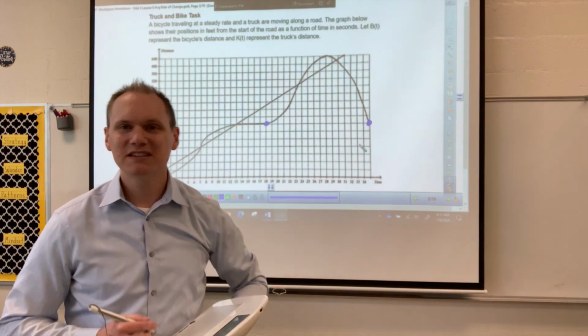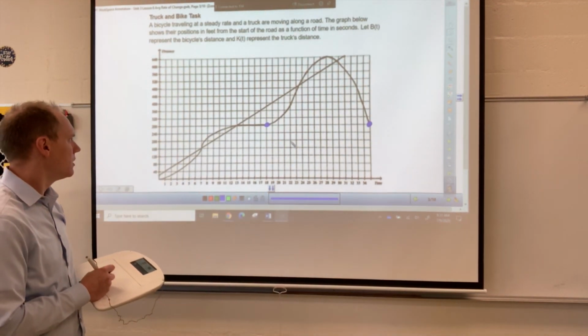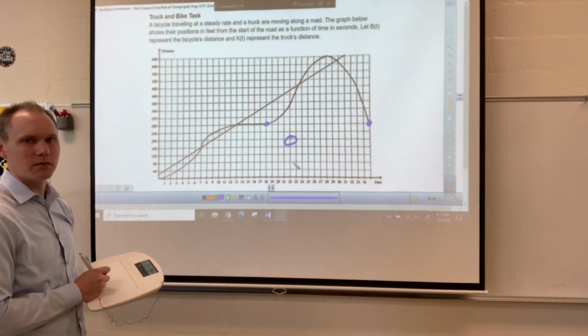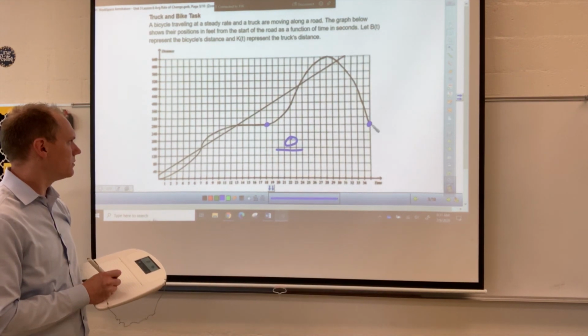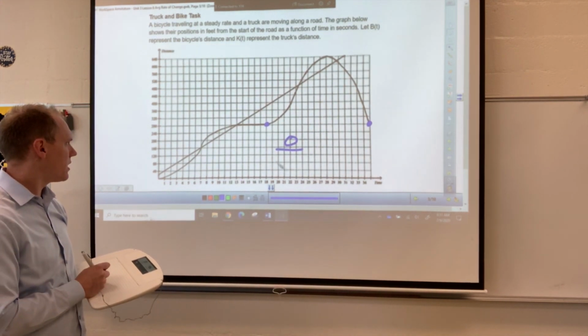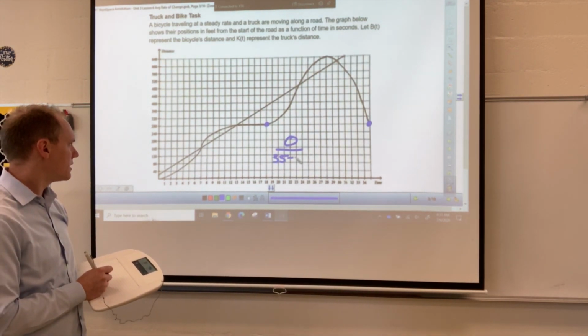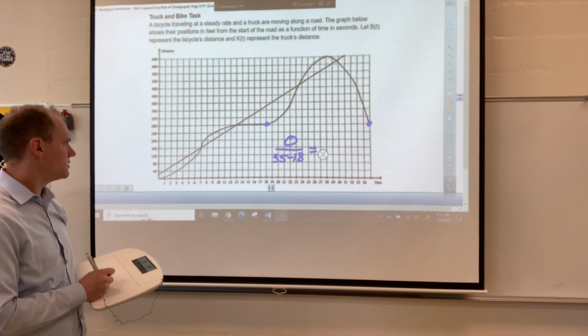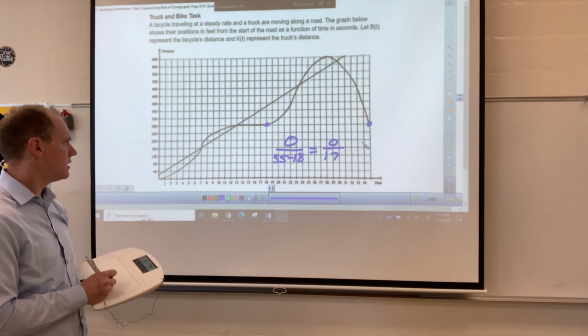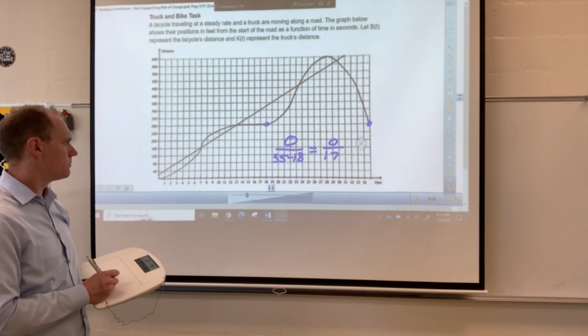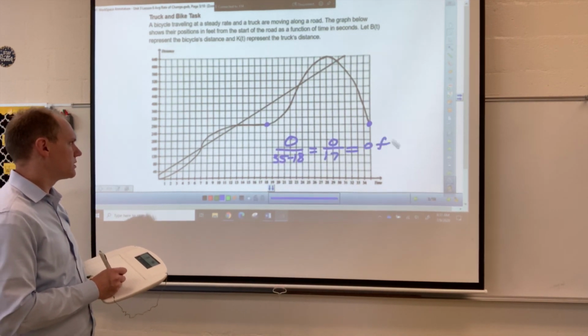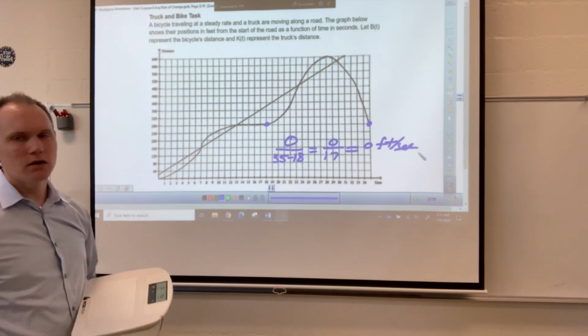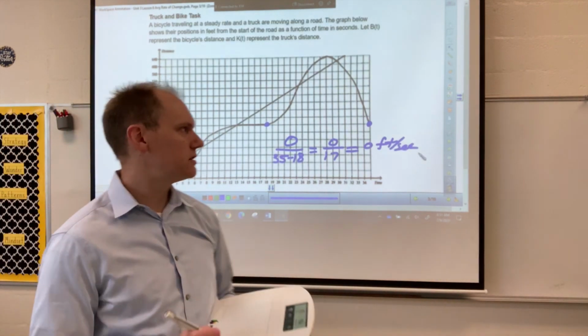So his distance traveled over that time would be 0 still, divided by the change in time, which is 35 minus 18, which is 17. So 0 divided by 17, which again is 0 feet per second. So kind of interesting there to see that.